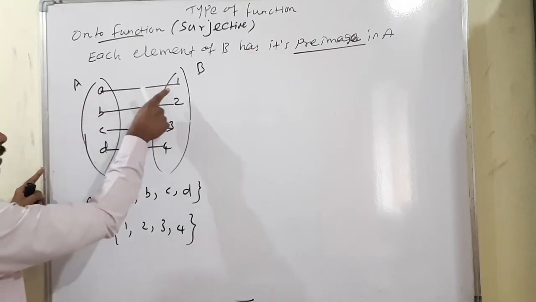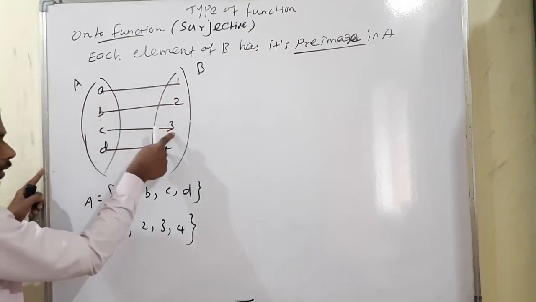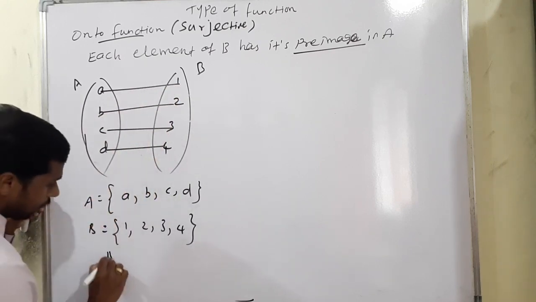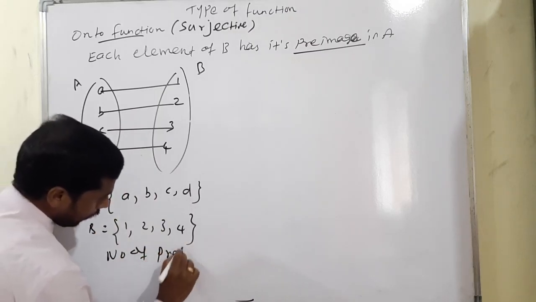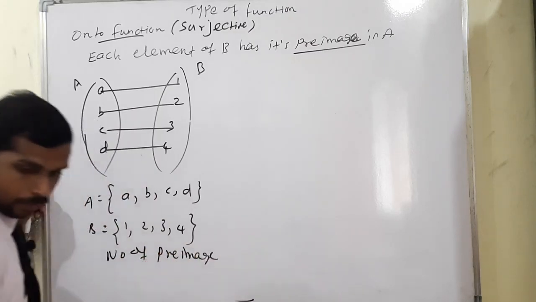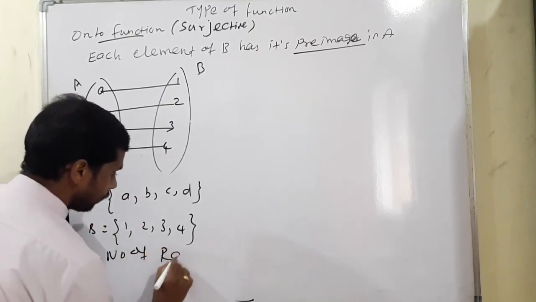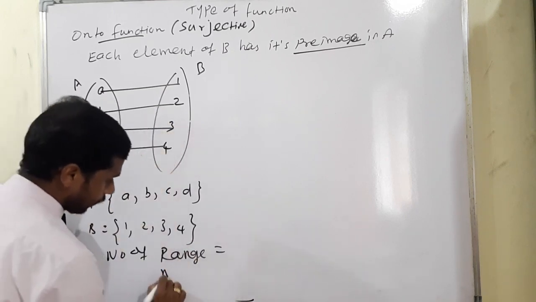Each and every image has a pre-image. Look there, 1 mapping to A, 2 mapping to B, 3 mapping to C, 4 mapping to D. Therefore definitely we can say the number of range is equal to the number of codomain.